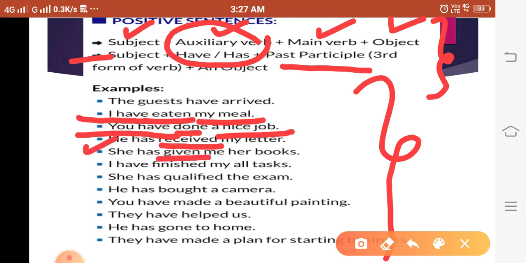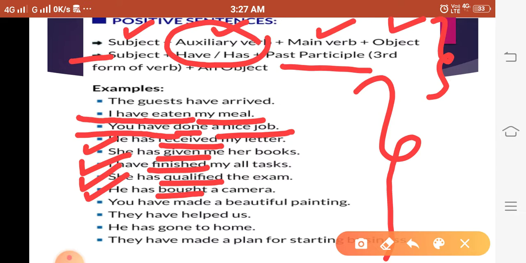Given is the third form of the verb give. I have finished all my tasks. Finished is the third form of the verb finish. She has qualified the exam. Qualified is the third form of the verb qualify. He has bought a camera. Bought is the third form of the verb buy.